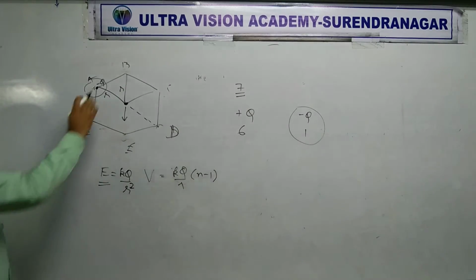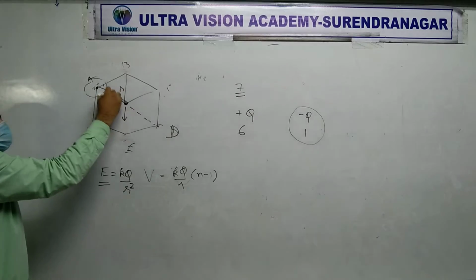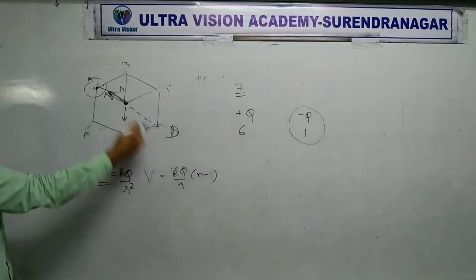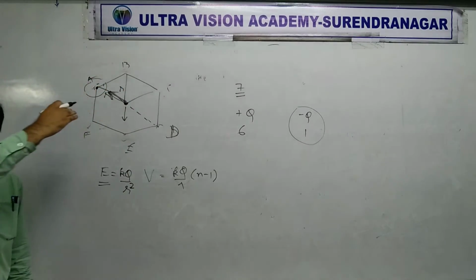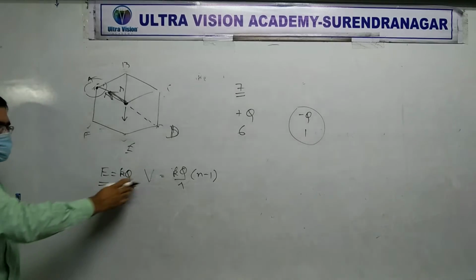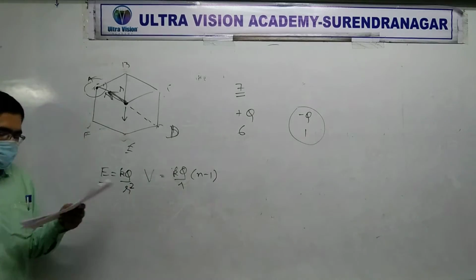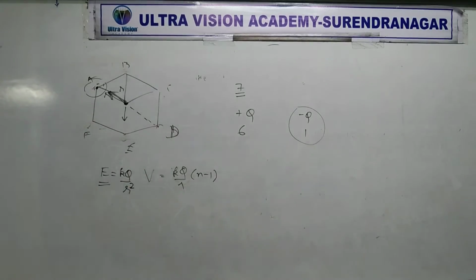In which direction? Towards the empty corner, the one that was empty. So this is the magnitude of E, and the answer is option B.